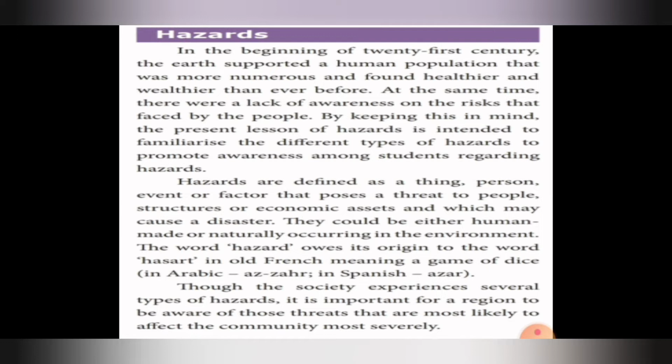Okay, next, hazards are defined as a thing, person, event or factor that poses a threat to people. So what is a hazard? This comes as a short answer for you.